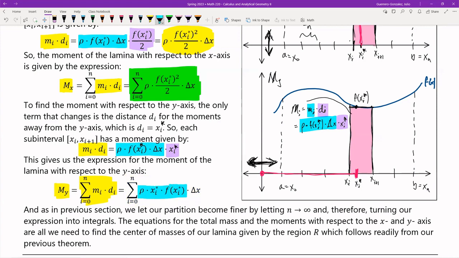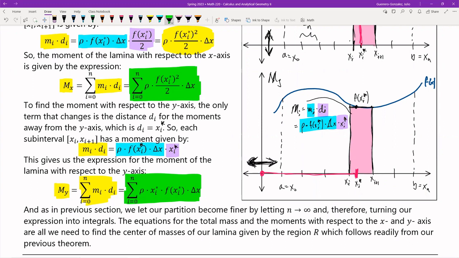Here's our mass, and then this is our distance away from the y-axis. I'm going to highlight this in green. This is our last equation that we need the construction for. This right here is the sum equation for all of the moments of all of the rectangles with respect to the y-axis.